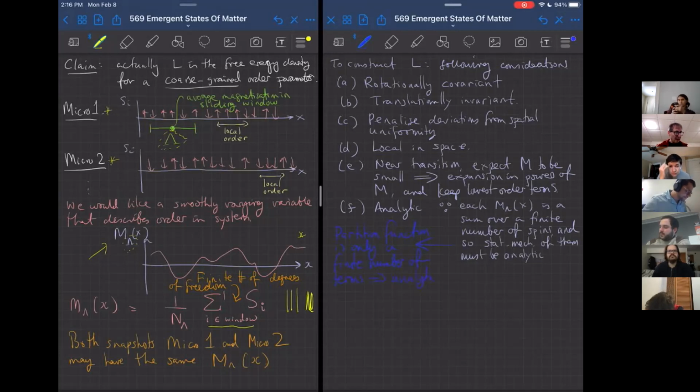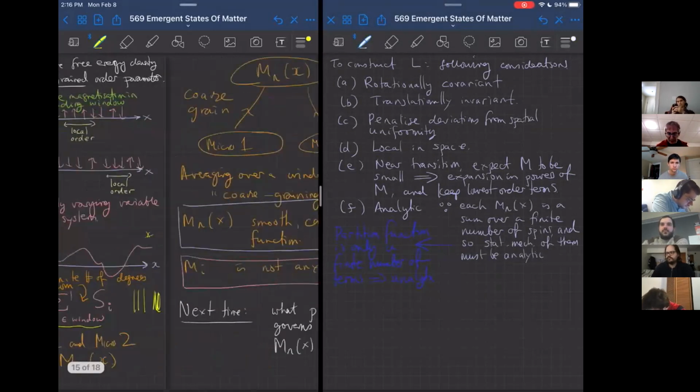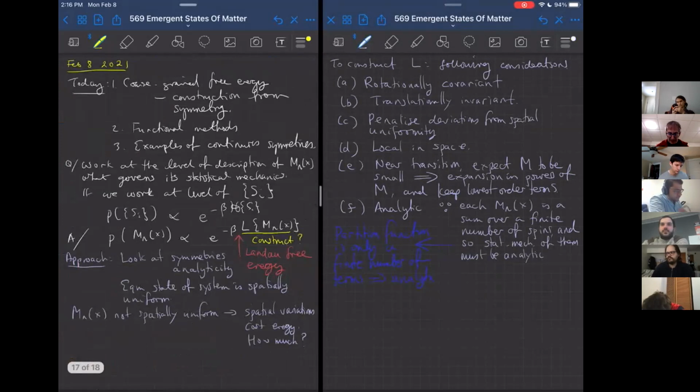So that's how I must construct this free energy. So let's think about what that means. The first thing I want to ask about is the variable that governs the spatial variations.